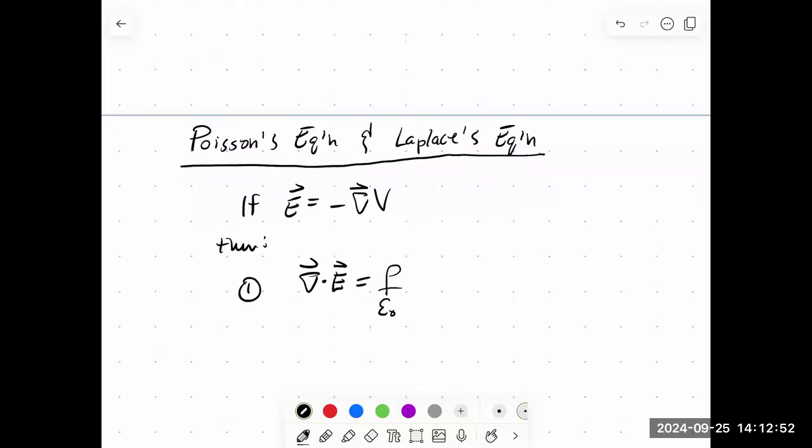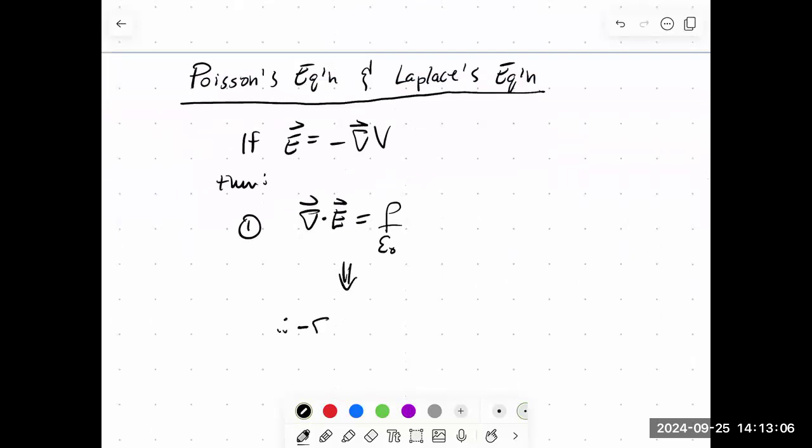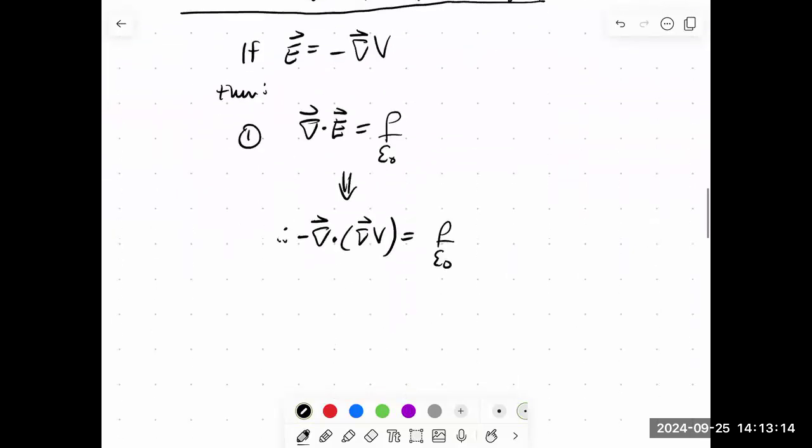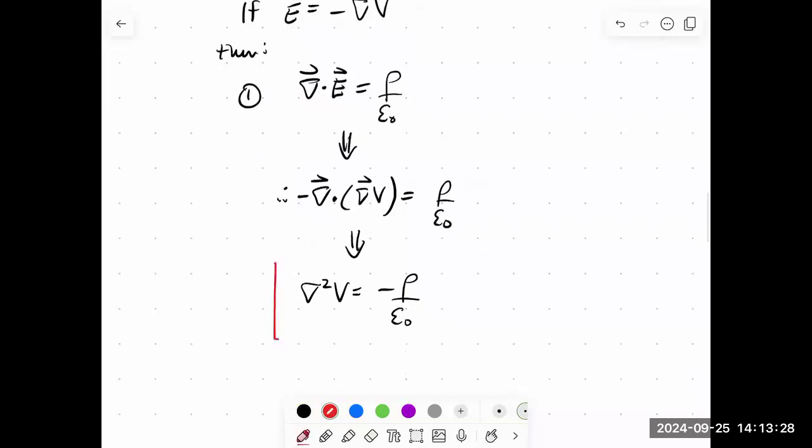Right, that's Gauss's law in differential form. But if I substitute in minus the gradient of V, we end up with minus the divergence of the gradient of V equal to rho over epsilon naught, and the divergence of the gradient is the Laplacian. So del squared V is, taking the minus sign to the other side, minus rho over epsilon naught. This is Poisson's equation.